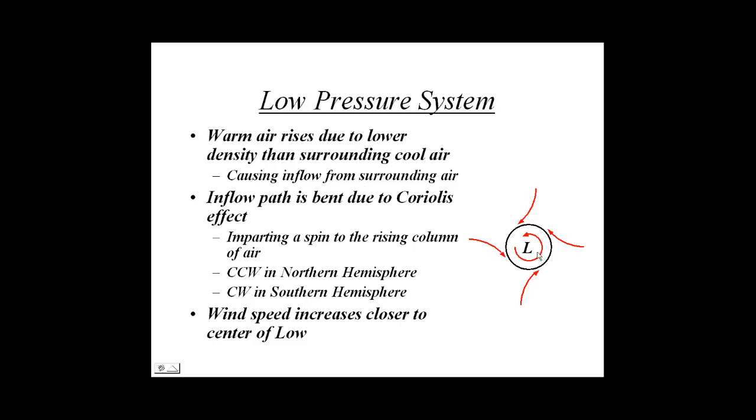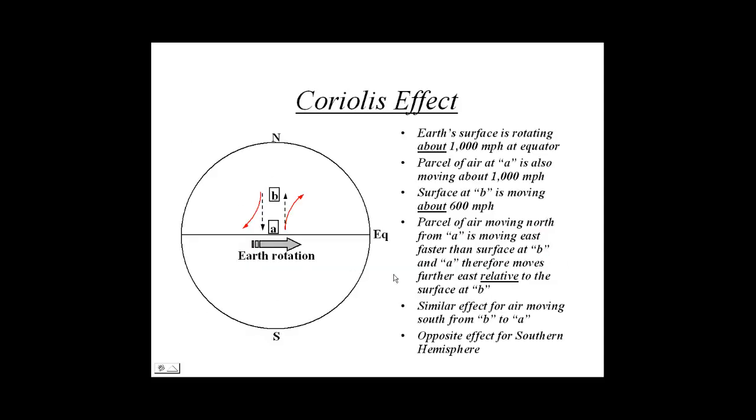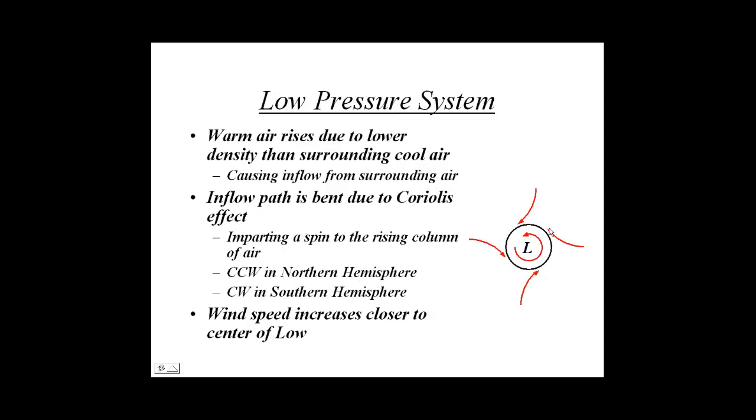Well, when that air rises in the center of this low pressure system, other air has to flow in to fill the void from the surrounding air. When this air flows in, it bends to the right of its path, as the Coriolis effect showed us. So when it bends to the right, it actually produces a circulation within the center of this low, and this entire system begins to rotate due to the Coriolis effect.